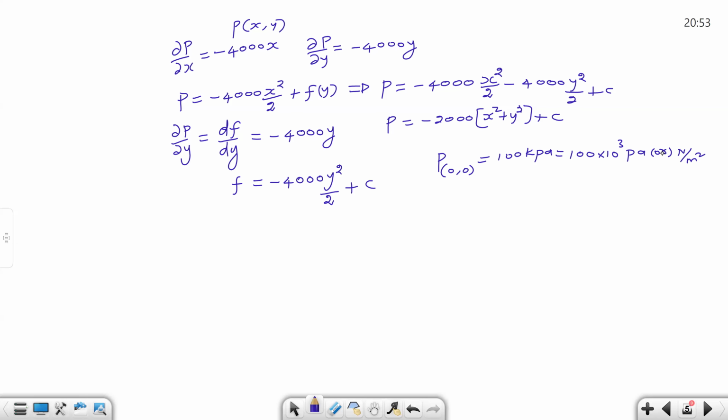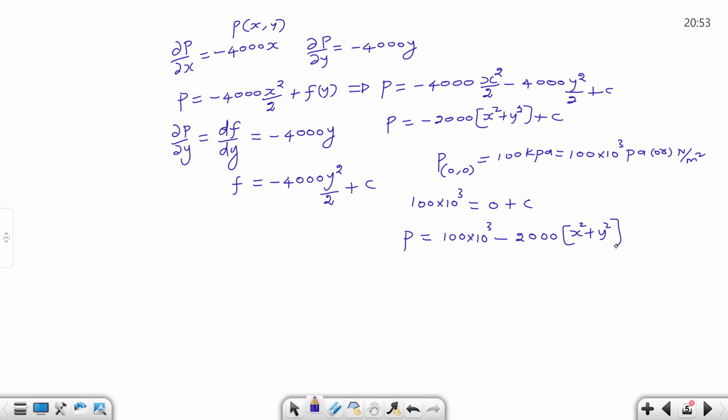So if you substitute, you will get P is 100 into 10 power 3, 0 plus C. C is this. So you get P is equal to 100 into 10 power 3 minus 2000 into X squared plus Y squared.